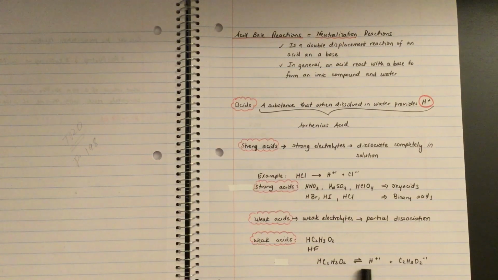You're getting the ions here, your positive ion and the negative one, but your ions can combine to give you back the molecule. So with a weak acid, you're going to have in solution your ions, but mostly your molecule, the molecule of the acid without dissociating.